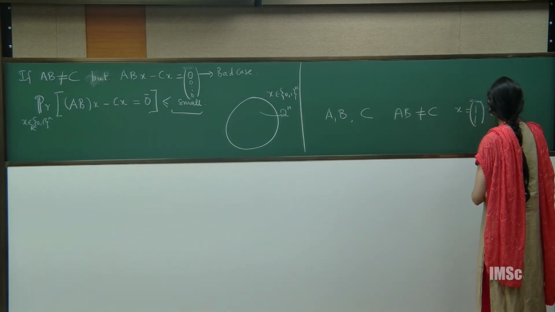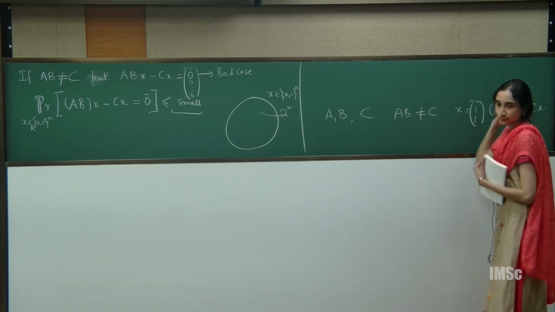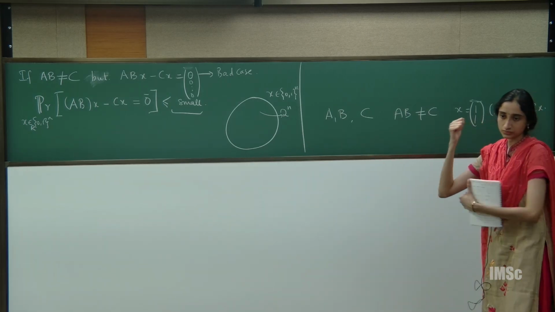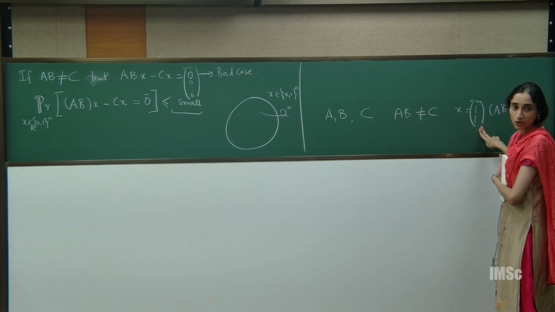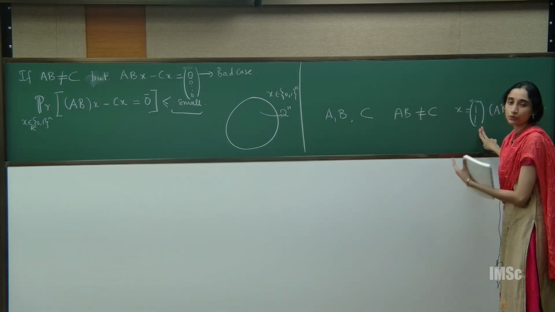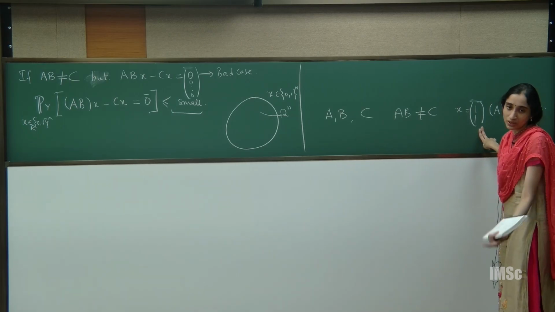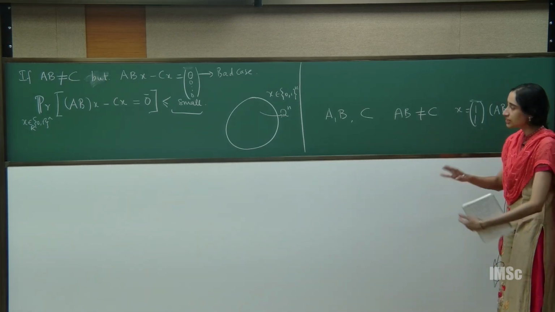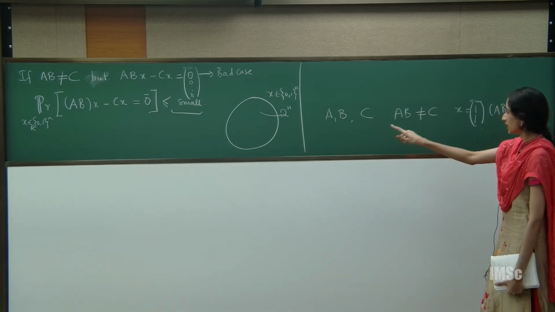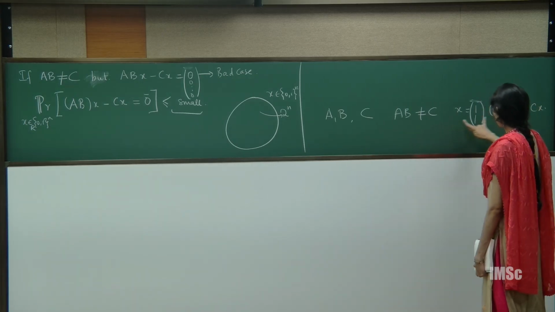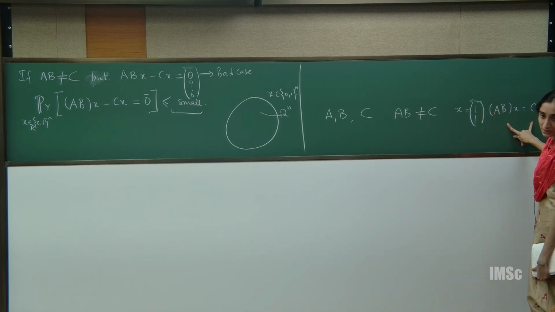Somehow unluckily ABX was equal to CX, right? But amongst the 4 possible vectors here, one of them is bad. And if you pick one uniformly at random, it's lower, right? So the larger the vectors, there are some bad ones, there are some good ones. So the bad case is when AB is not equal to C, but somehow magically this difference became 0 vector.